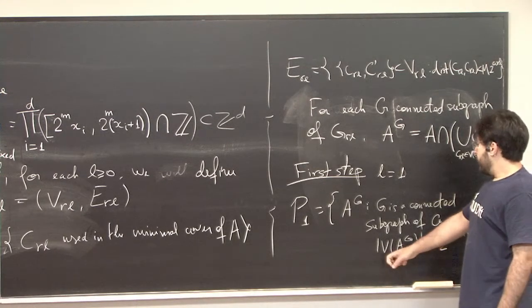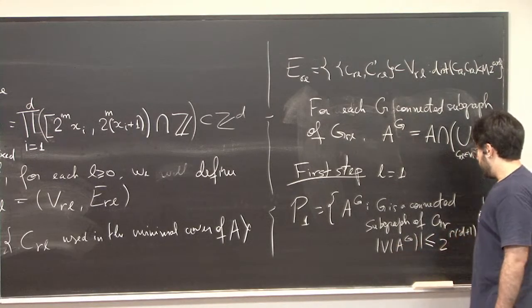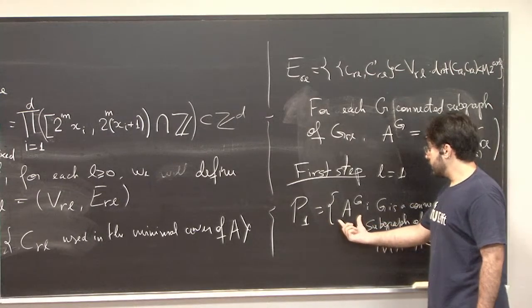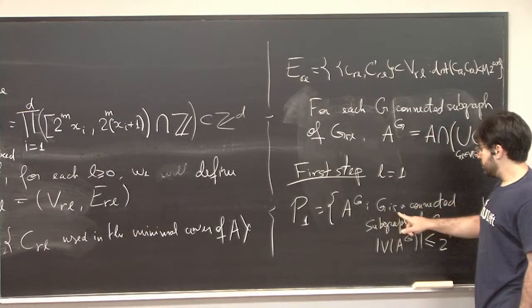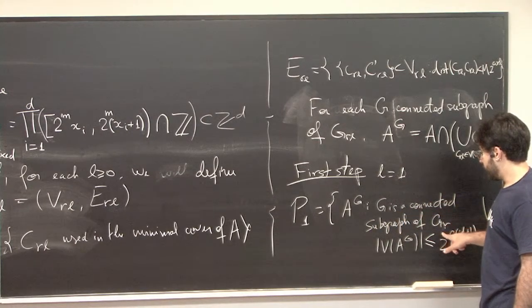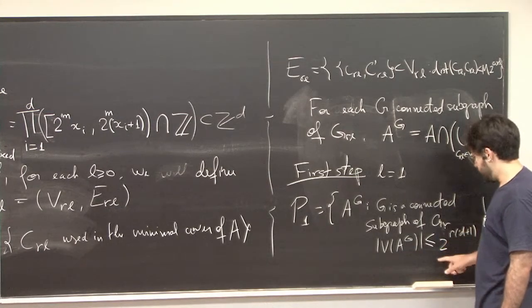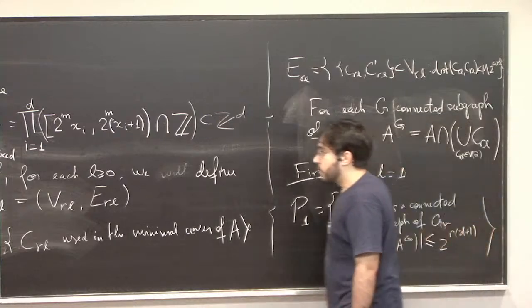V, remember, is the volume of this set of Z^d that we defined before. So you take P_1 to be all the subsets where G is a connected subgraph of the scale, and the volume is small in that scale.